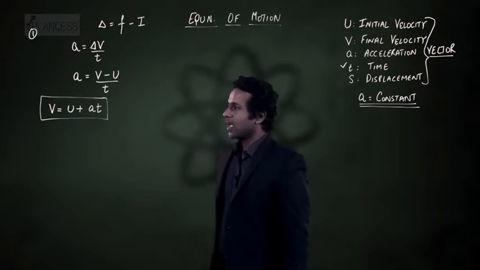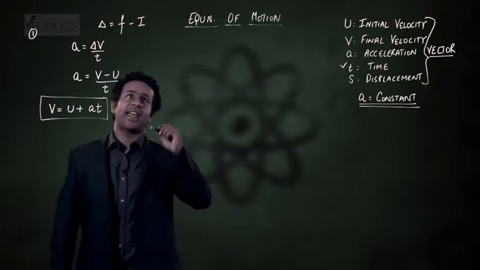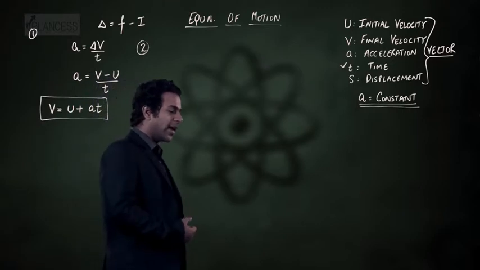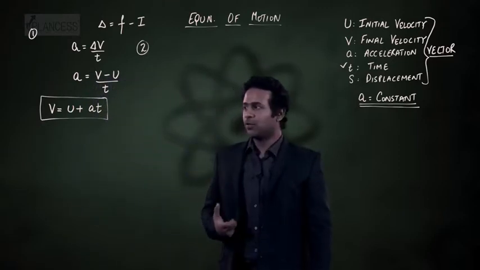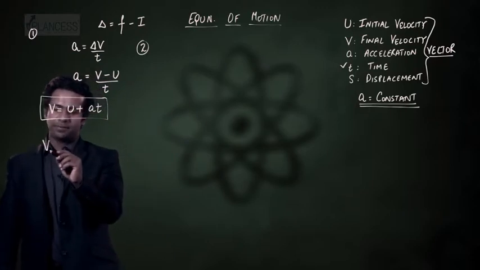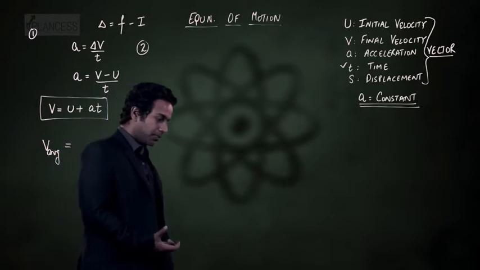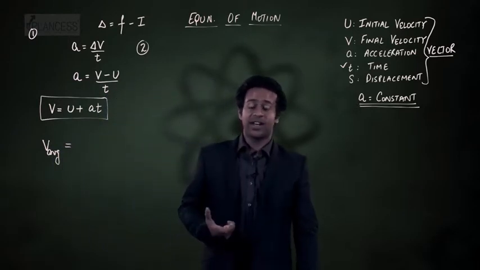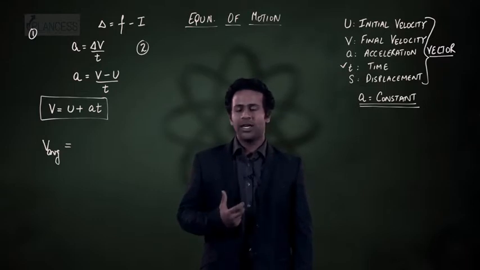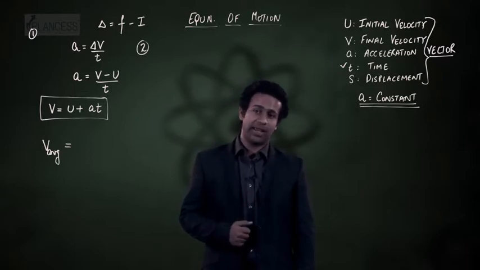Let's now come to the second equation. For the second equation, we are going to first study once again the average velocity. I hope you remember that average velocity is equal to the total distance traveled by the total time taken.